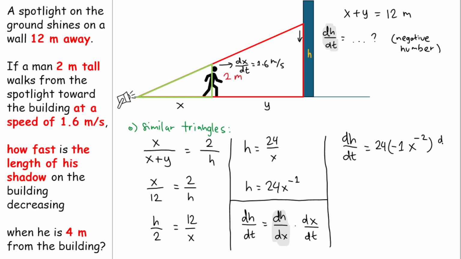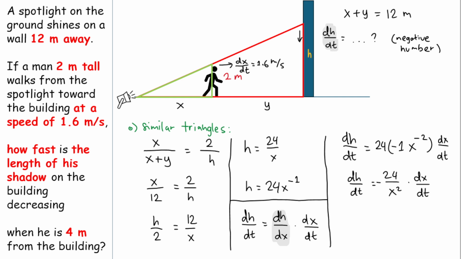Then multiply by dx/dt. Or I can rewrite this as dH/dt equals 24 over X squared, with the negative sign, multiplied by dx/dt.